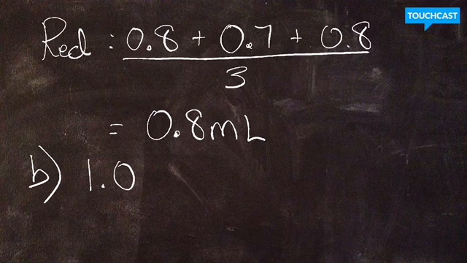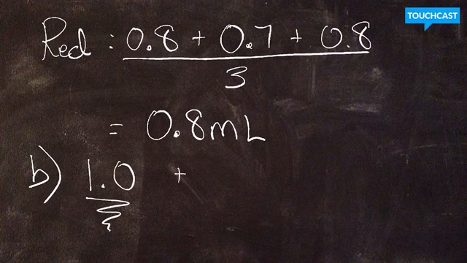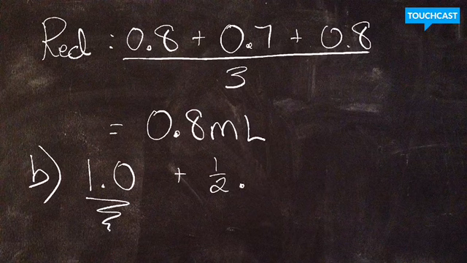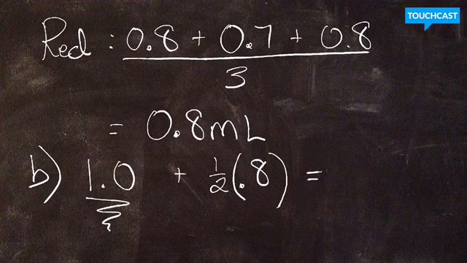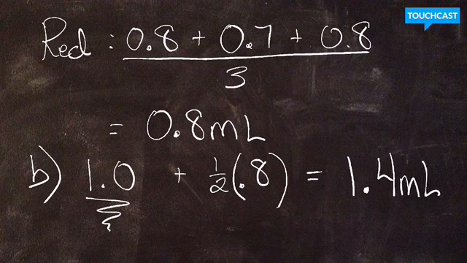So you need to take that starting volume where you first saw the dye come out and add half of your bandwidth, half of 0.8, okay? And I think you can do this in your head. The center of the bandwidth would be 1.4 milliliters.